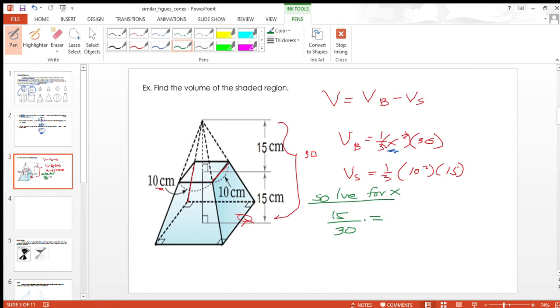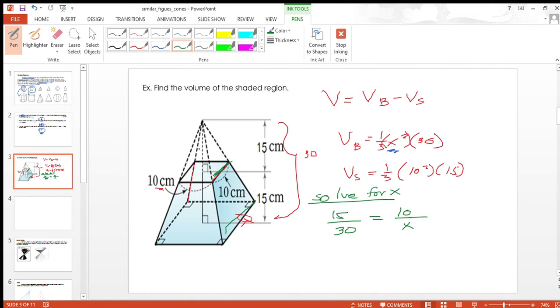15 over 30. Now, since these are similar figures, this side here must also be proportionate with this side here. So that is 10, while 10 is to x. So we said earlier, where did we get 15 over 30?